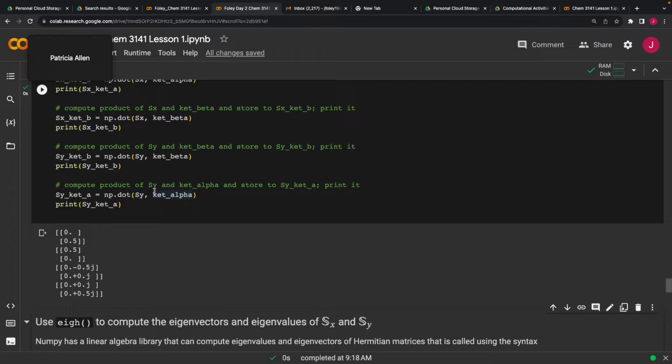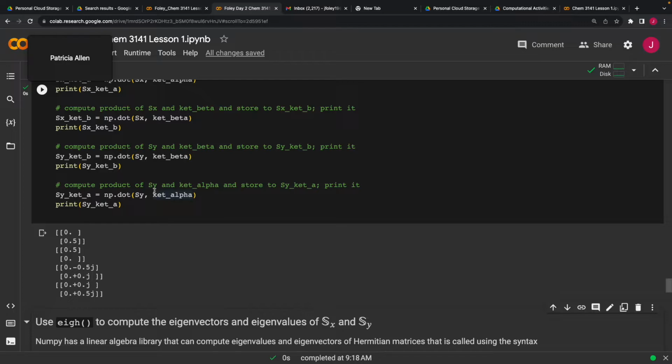Right there. I'll make a remark about this because it's not really obvious. And then same thing there, with SY, change those parentheses to square brackets. Okay, perfect. That works.